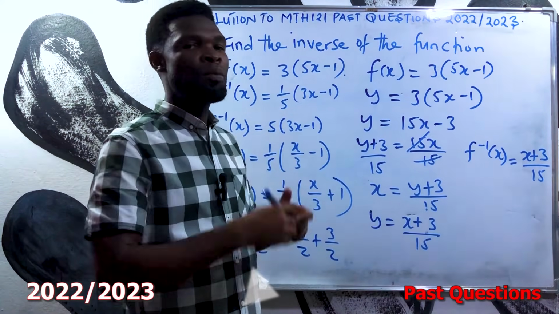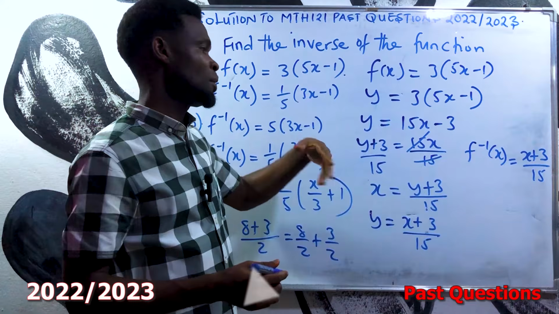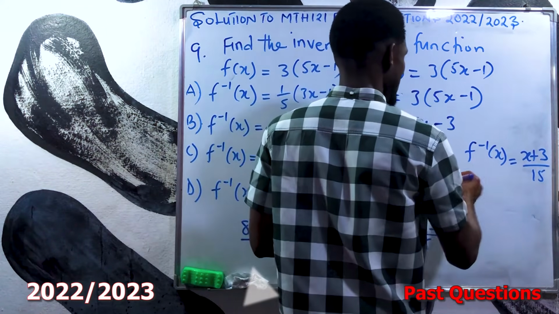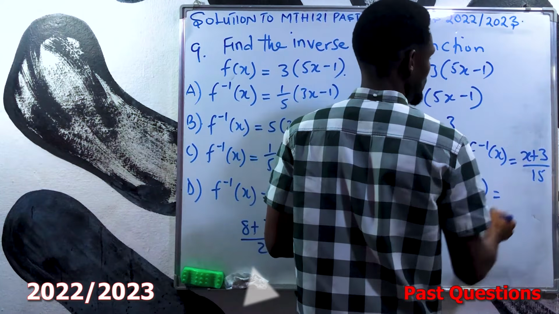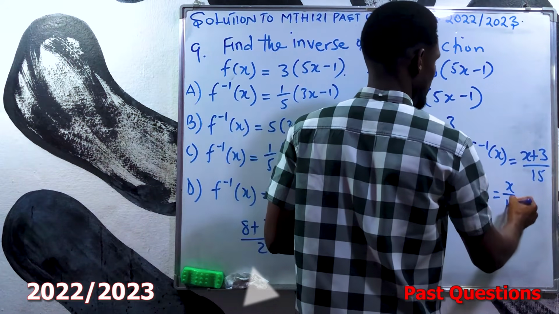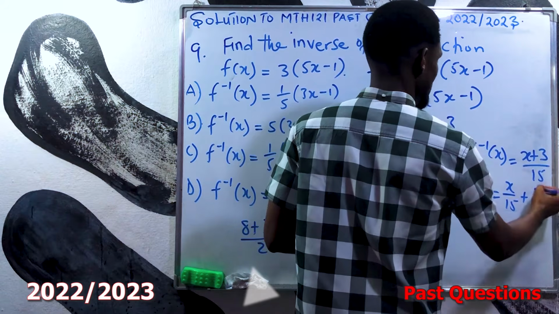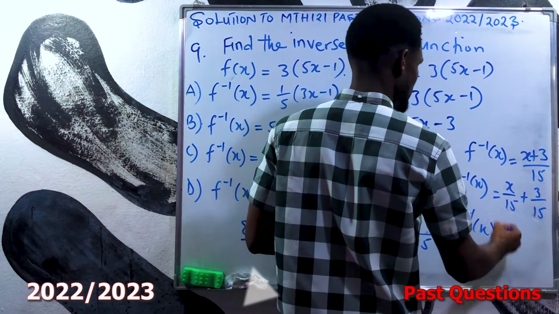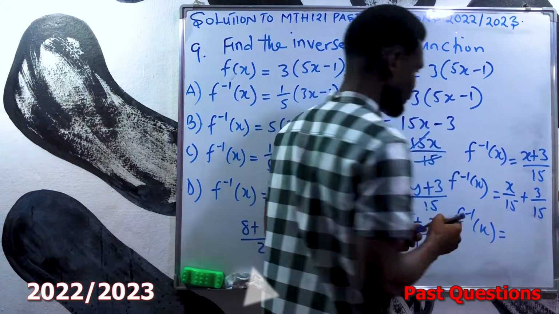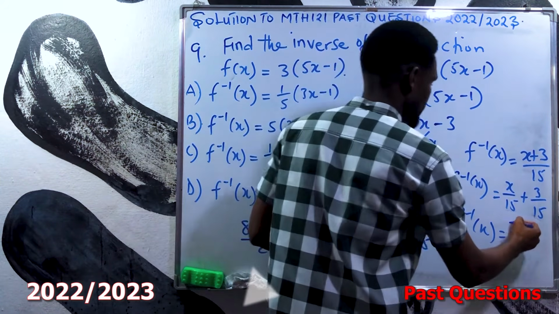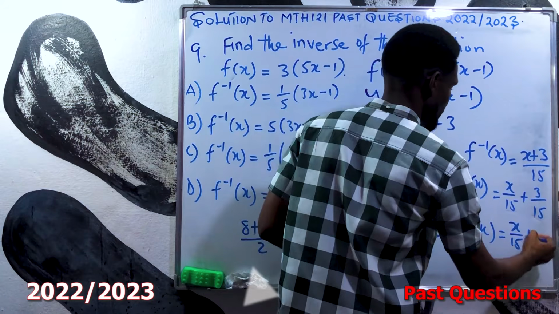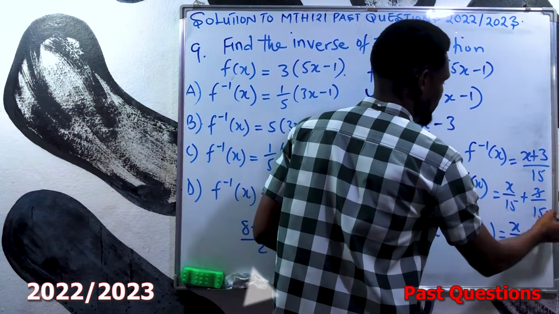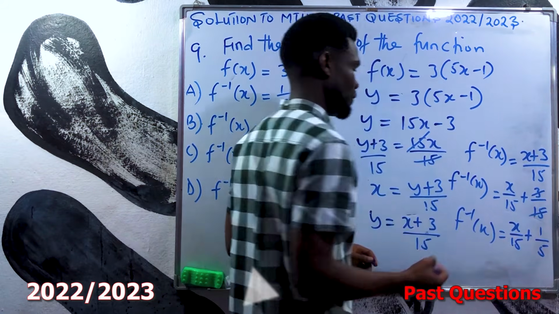That's the answer. But from the options, you will notice that they further simplify the fraction to be f inverse of x equals to x over 15 plus 3 over 15. So f inverse of x is equal to x over 15 plus 3 here, 1, 3 here, 5.